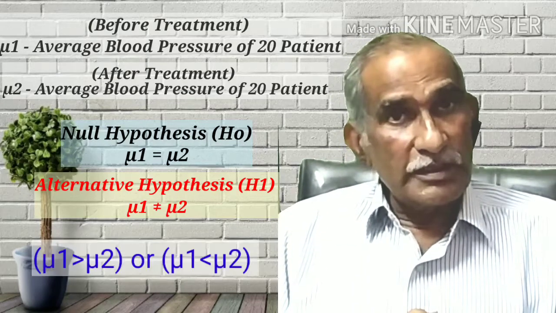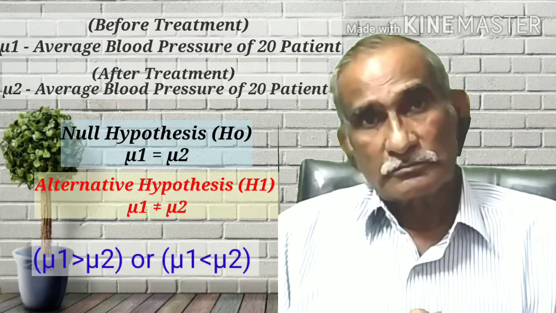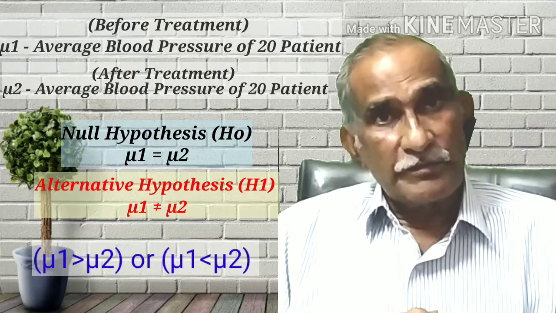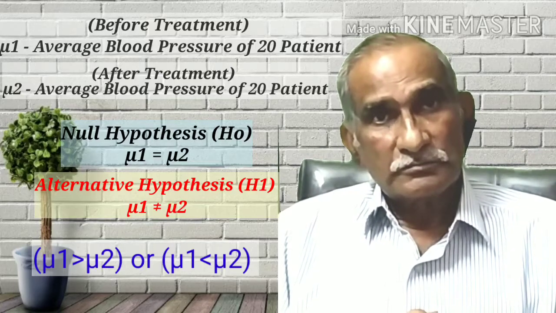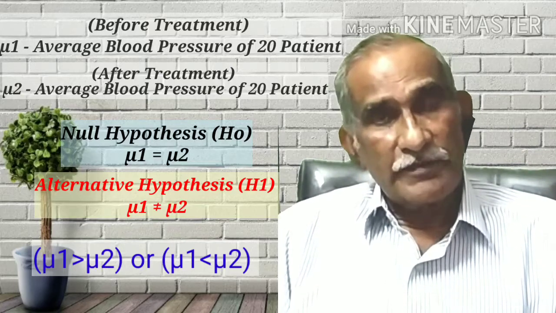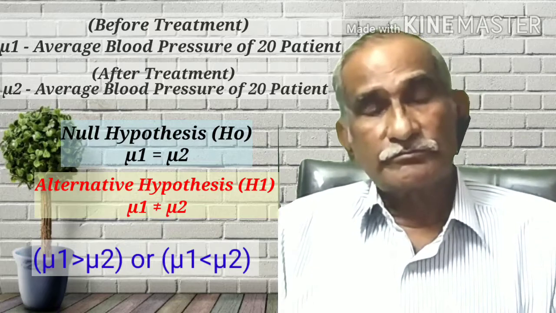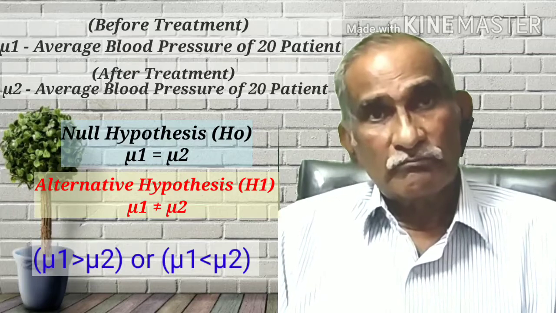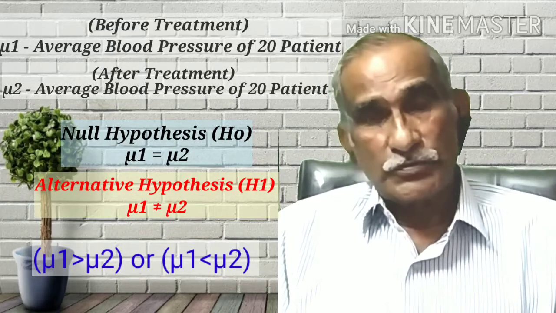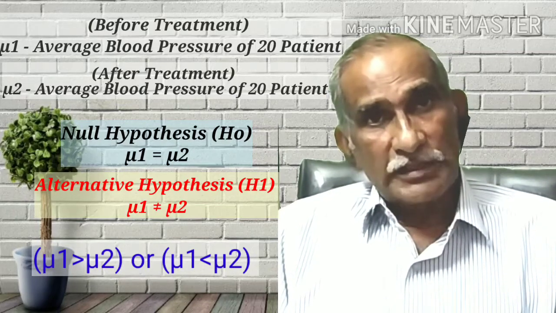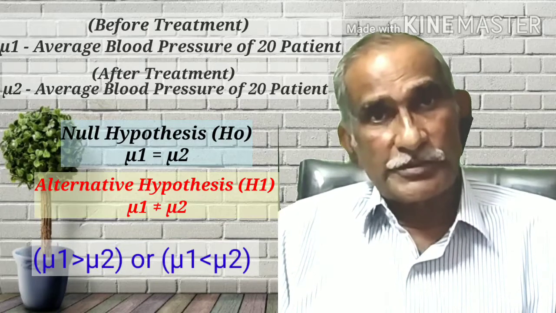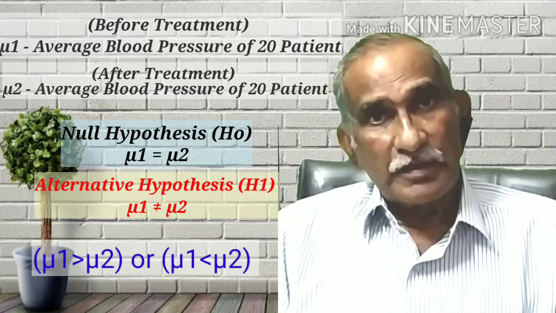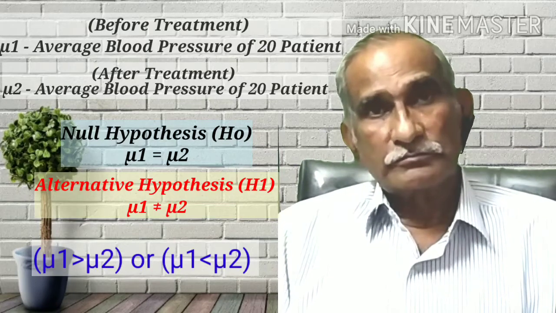Either mu1 is greater than mu2, that is average blood pressure before treatment is greater than the average blood pressure after treatment. And the other possibility would be mu1 less than mu2. That is the average blood pressure before treatment is less than the average blood pressure after treatment.